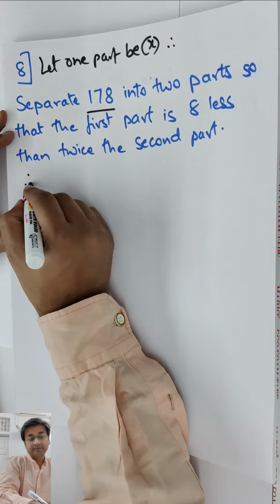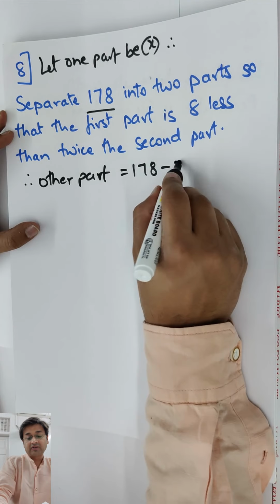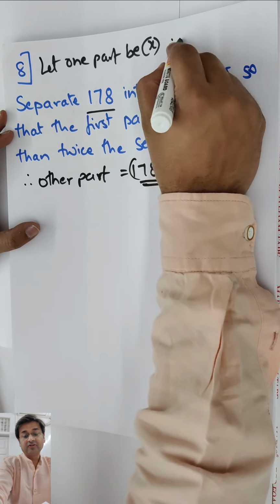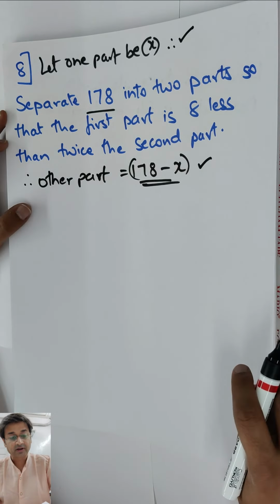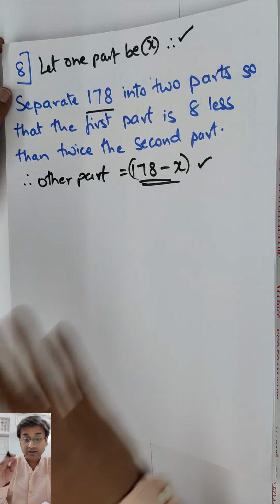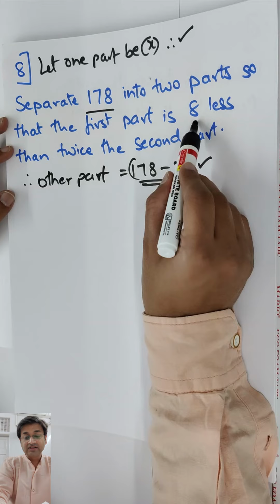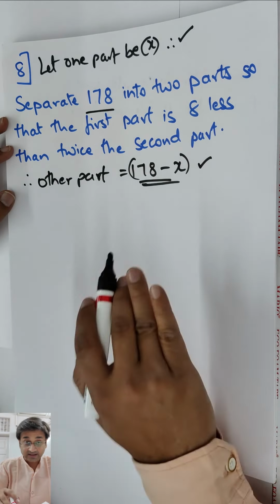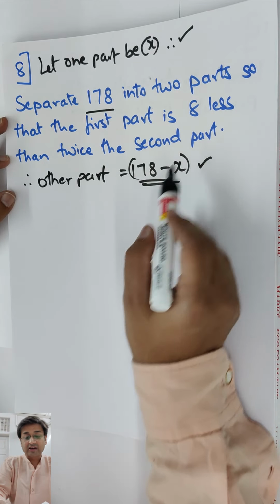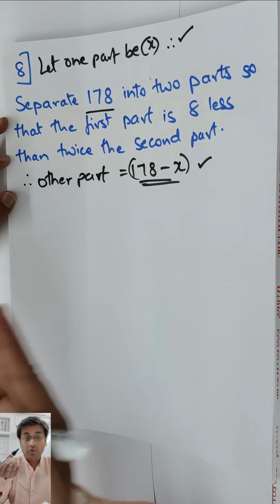Therefore, the other part is going to be 178 minus whatever we have assumed. So this is the first part, this is the second part. Now read it carefully so that the first part, that is x, is 8 less. This is less. Then twice the second part. Twice the second part, this is more.